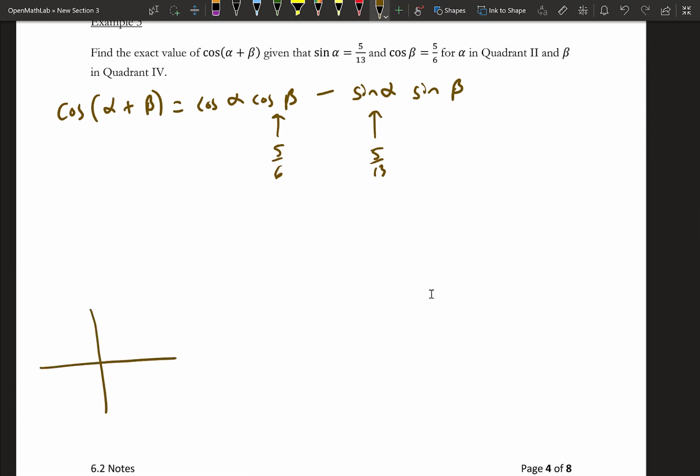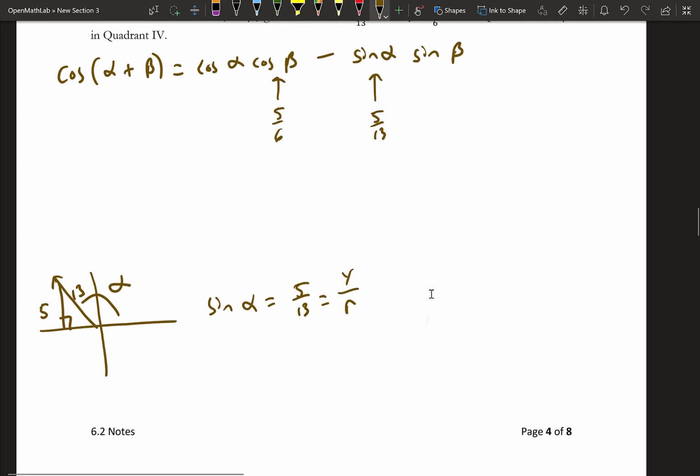So we know that alpha is in quadrant 2. And we know that sine of alpha is equal to 5/13, which is the y value over the radius, right? So this is 5 and this is 13.